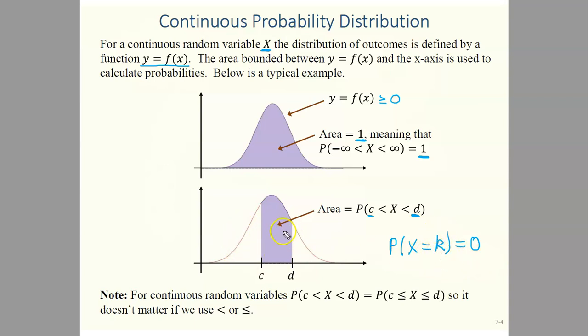And that's because if we look at a graphic over here, you see, if I pick a value k right here, well, the area underneath the curve, well, that's just the area of a straight line. Well, the area of a line is 0. So that's one way to think about it.